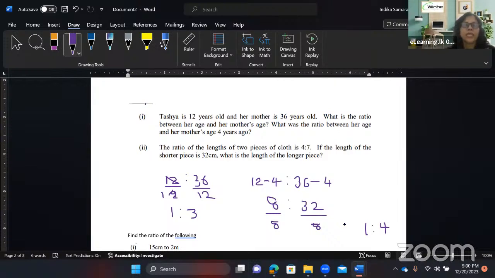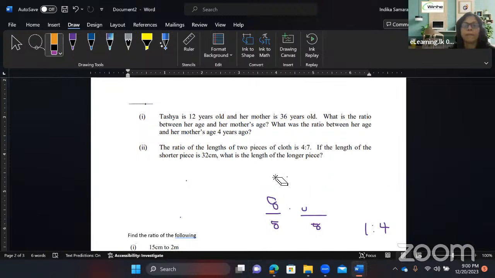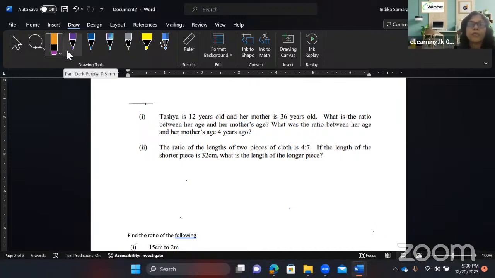Right. Then the next one. The ratio of the lengths of two pieces of cloth is 4 to 7. If the length of the shorter piece is 32, what is the length of the longer piece? How do we do that? The second one: the lengths of two pieces of cloth are in the ratio 4 to 7.